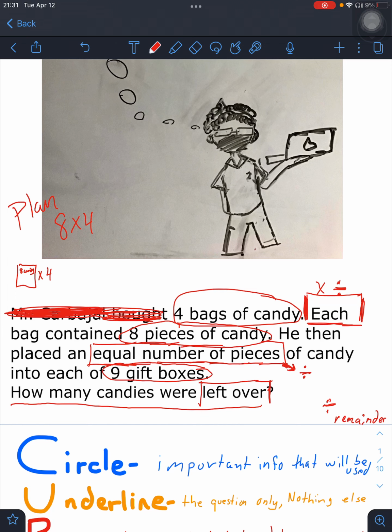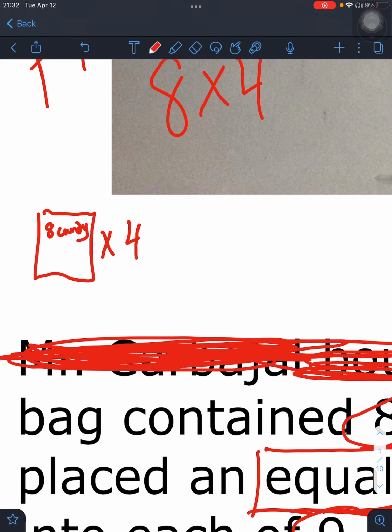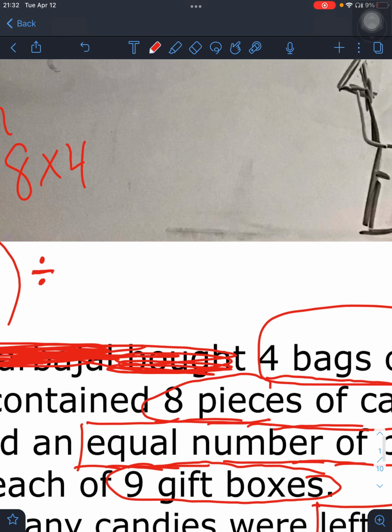Continuing on, he then placed an equal number of pieces of candy into 9 gift boxes. So first I bought the bags of candy. I have to figure out the total pieces of candy that I got. So that's my multiplication. And then I'm going to create equal groups because I'm creating 9 gift boxes.